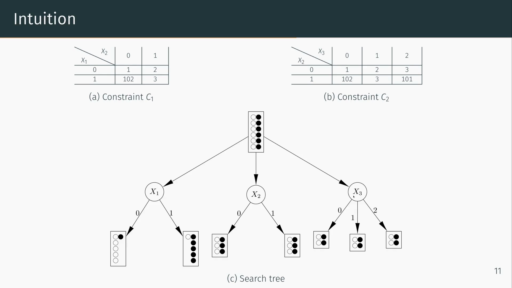Of x2 and x3, each rectangle below these two variables is evenly spread, so we would not have much information. So that's why x1 is the most preferred as the first variable to assign.